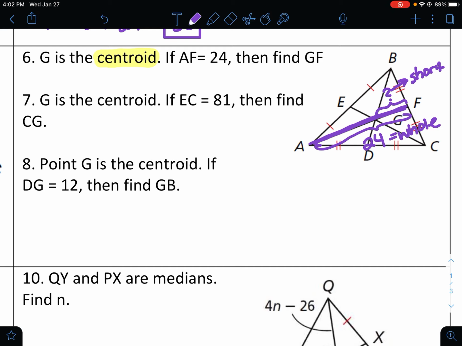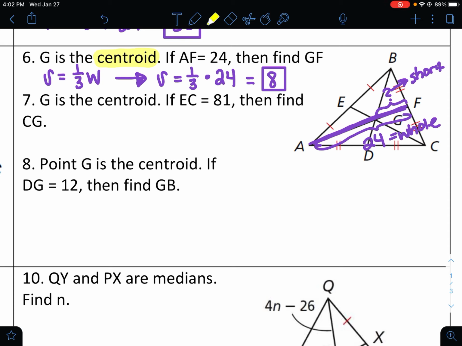So the only equation that uses short and whole is that the short side equals 1/3 of the whole thing. S equals 1/3 W. So I don't know the short side yet, but I do know that the whole thing is 24. And so I'm just going to do that, and that gives me 8. So GF is 8.